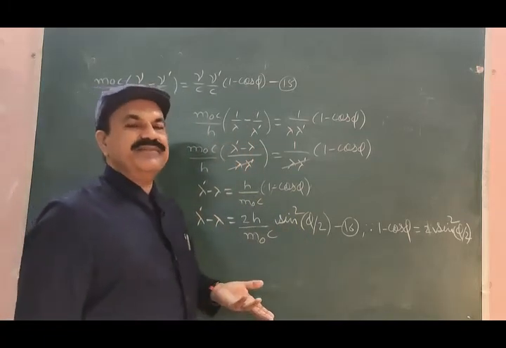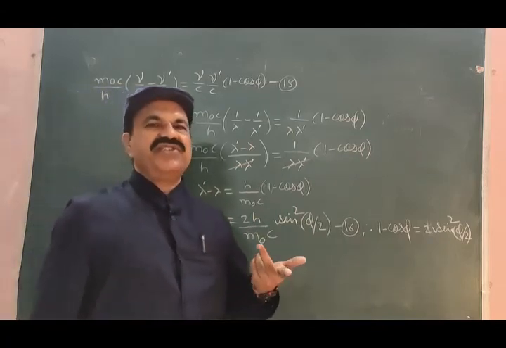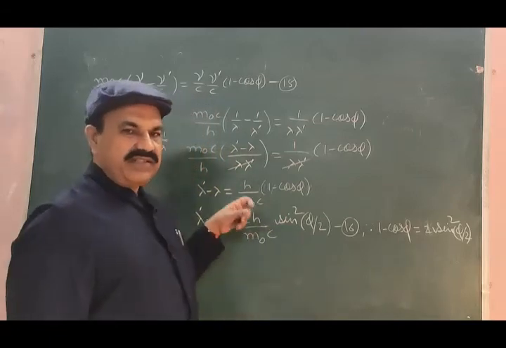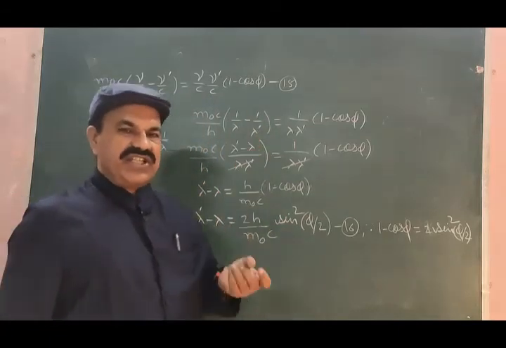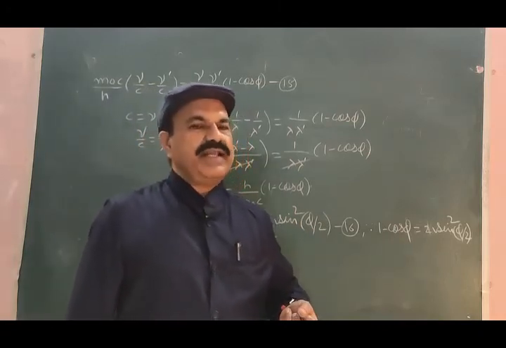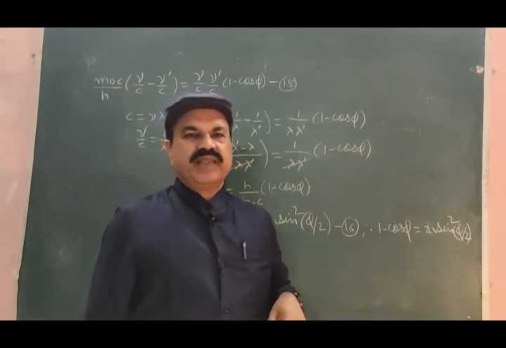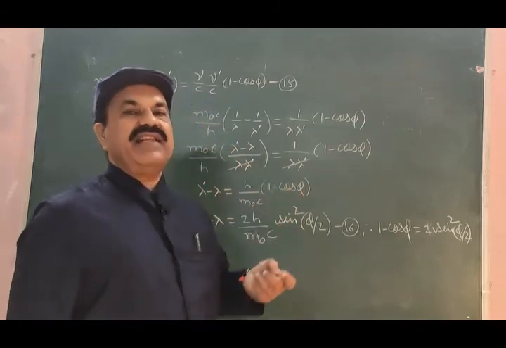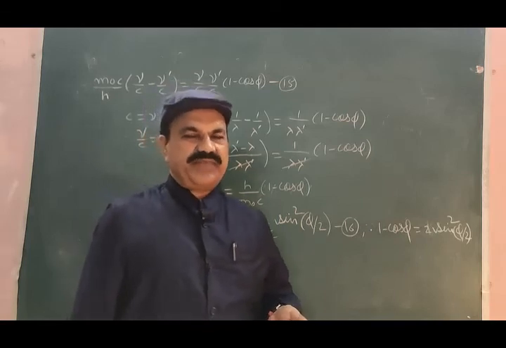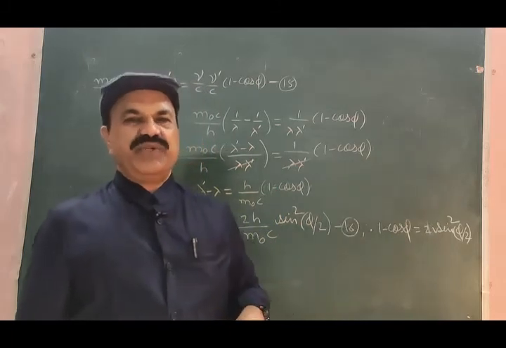What we did here, we used one X-ray photon of energy h nu, momentum h nu by c. It is incident on a stationary electron of rest mass m0, so rest mass energy m0 c square, momentum 0. When this photon collides with the electron, the photon loses some energy given by h nu minus h nu dash.